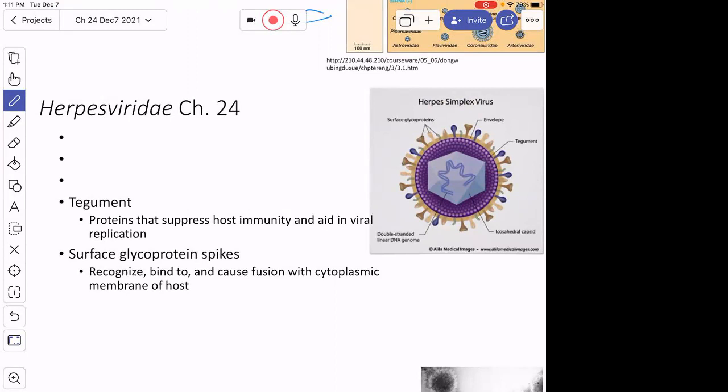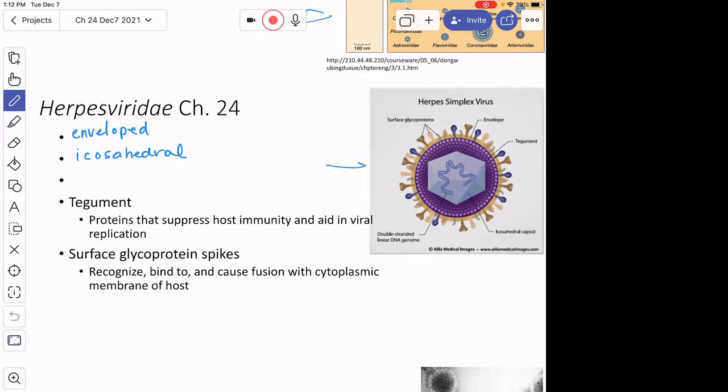In general, Herpesviridae are enveloped viruses. They have a capsid that's icosahedral. Remember, an icosahedron is a 20-sided polygon, a very stable structure, with lots of strength.